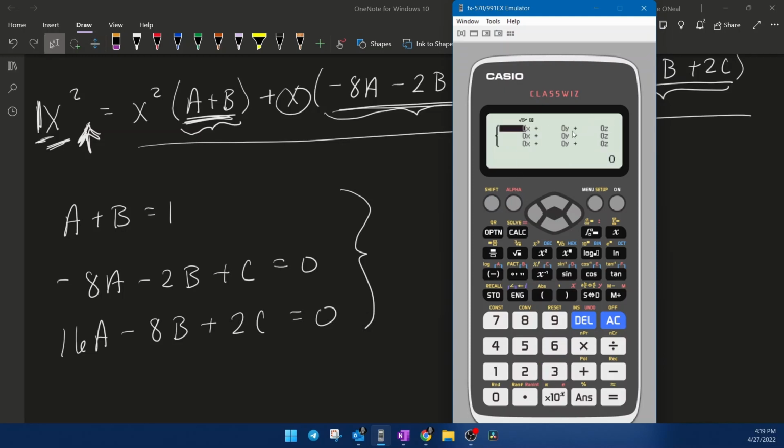And then I simply need to input the coefficients of a, b, and c. And you need to notice that x, y, and z will represent a, b, and c. So now, inputting the coefficients for the first equation, we have 1a, 1b, no c. So I'm putting a 0 for c, equals 1.